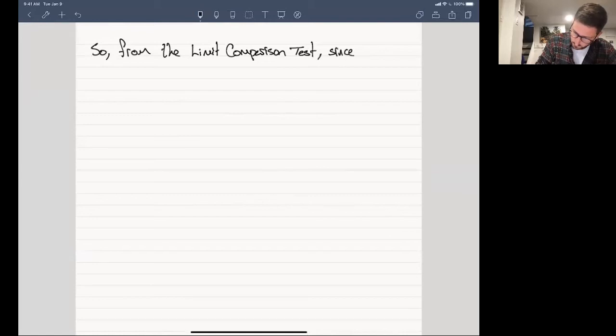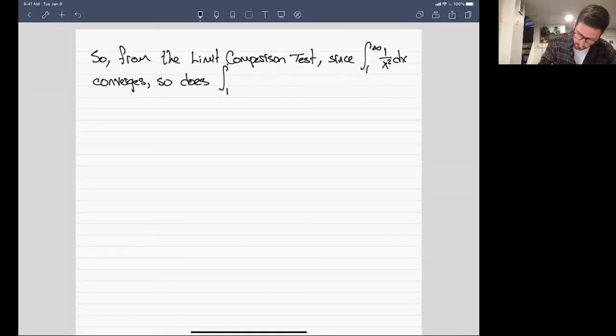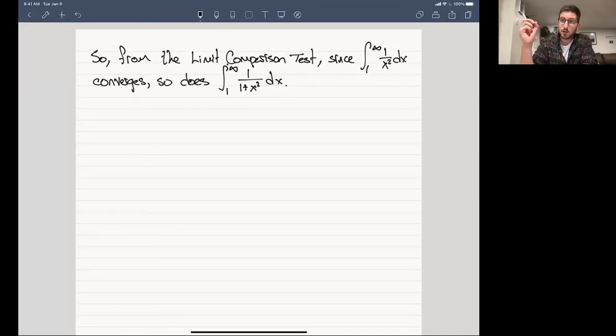Since the integral from 1 to infinity of 1 over x squared dx converges, so does the integral from 1 to infinity of 1 over 1 plus x squared dx as well. But just because they converge, that doesn't tell us what the values are, right? I want you to really keep this in mind. This doesn't tell us anything about what the value of these integrals are.